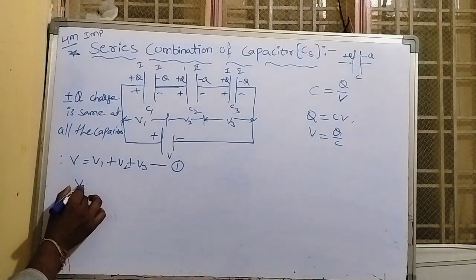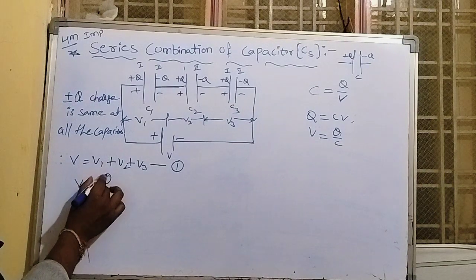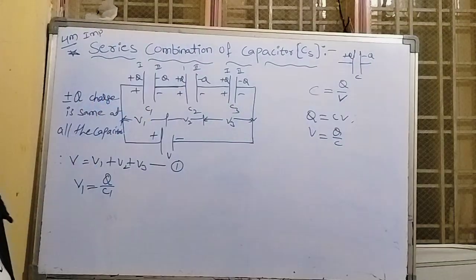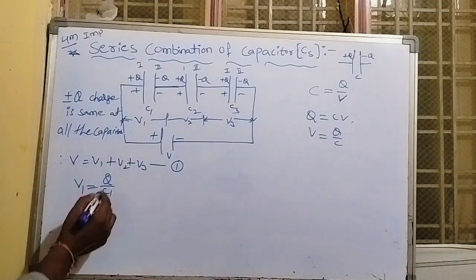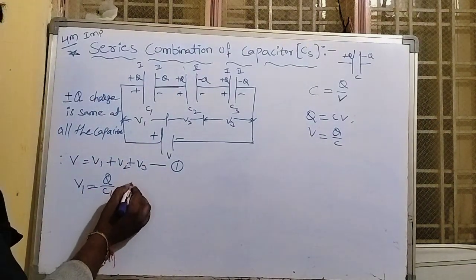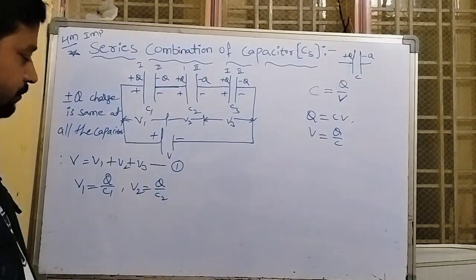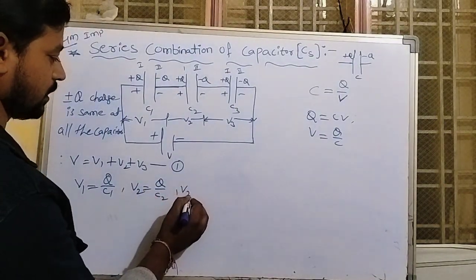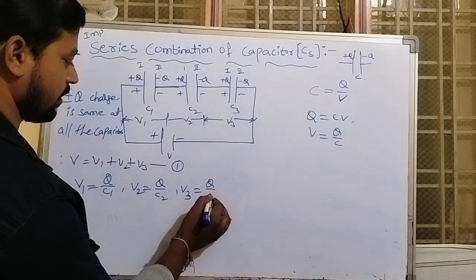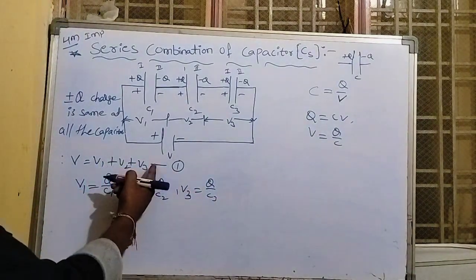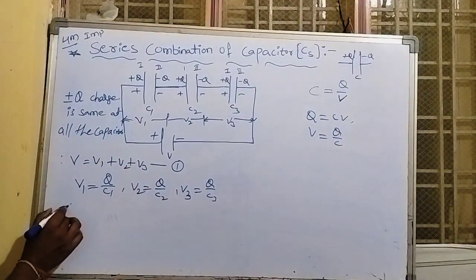Here we have to convert the V1, V2, V3 formulas. What is the potential difference? V1 is equal to Q by C1. Here plus or minus Q is the same at all the capacitors. Then V2 is equal to Q by C2. Next V3 is equal to Q by C3. Substitute these values in the above equation.